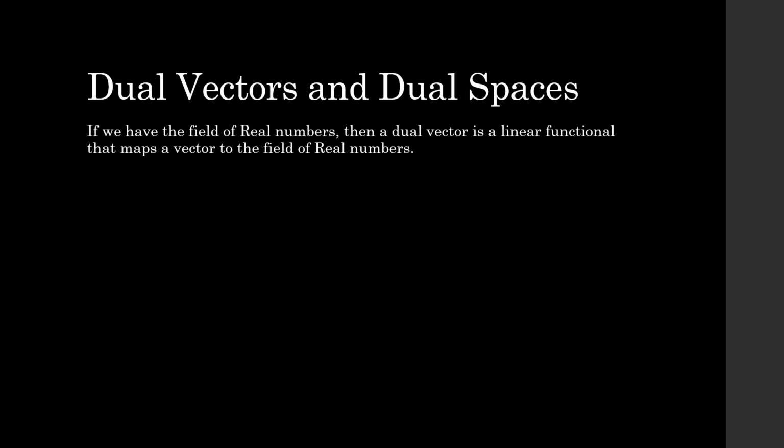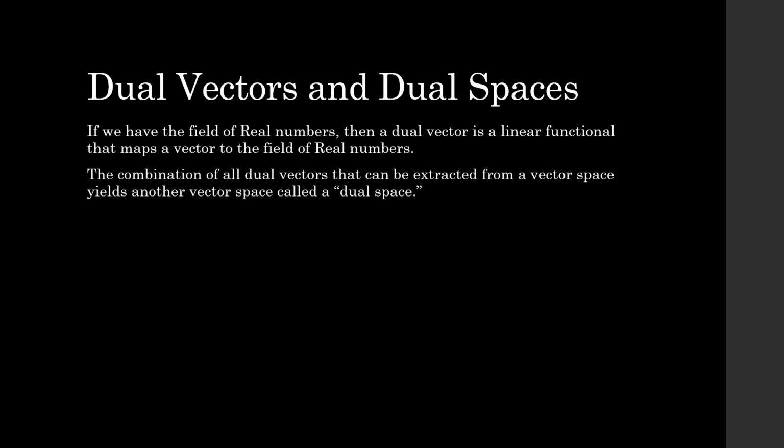So if we have the field of the reals, then a dual vector is a linear functional similar to the definition of the tensor product, but in this case it just maps a vector to the field of real numbers. The combination of all dual vectors that can be extracted from a vector space yields another vector space called a dual space, which we just mentioned.